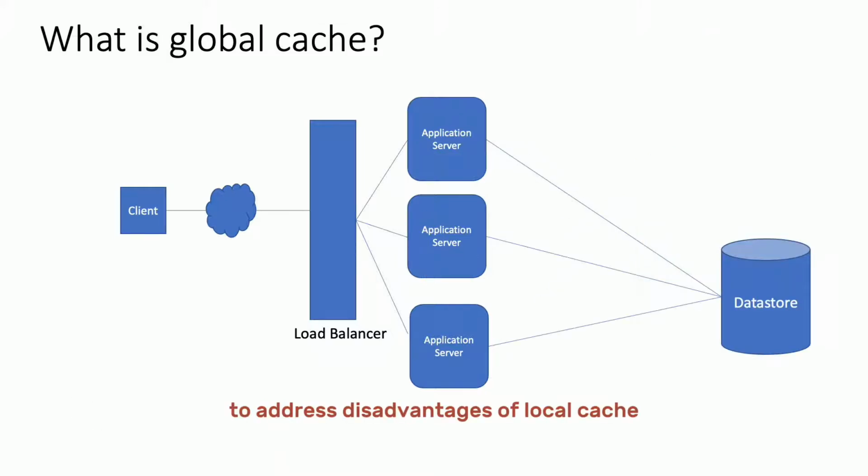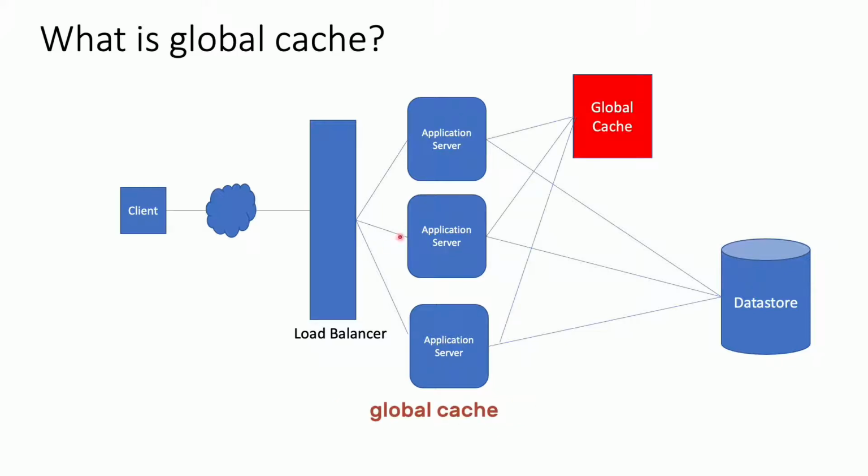To address this disadvantage of local cache, here is a global cache. Global cache has a separate server, and the cache can be shared across different application servers. You can see that it's kind of a single point of failure.